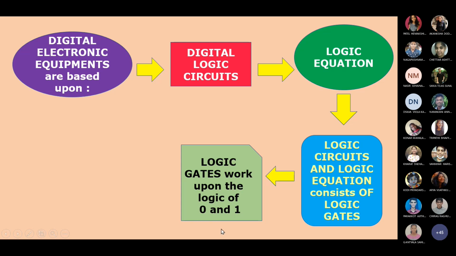You must have been introduced to logic gates in mathematics in 11th and 12th standard. Science students must have learned these in physics also, and bifocal students have definitely learned what logic gates and Boolean algebra are. So we are going to learn one step ahead of it.